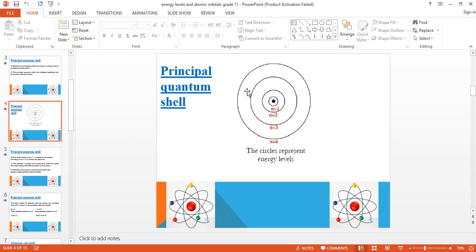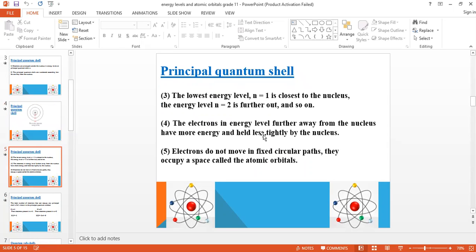In the last class we studied this. That space is actually known as orbitals. Here in between the circles there is a space, between the first and second circle, and between the nucleus and this circle. These kinds of space are what we call the atomic orbitals.